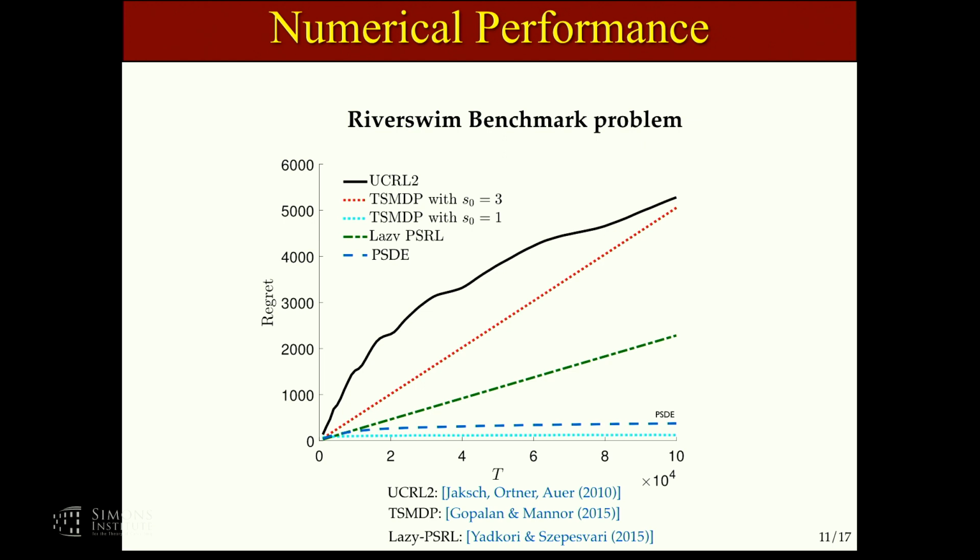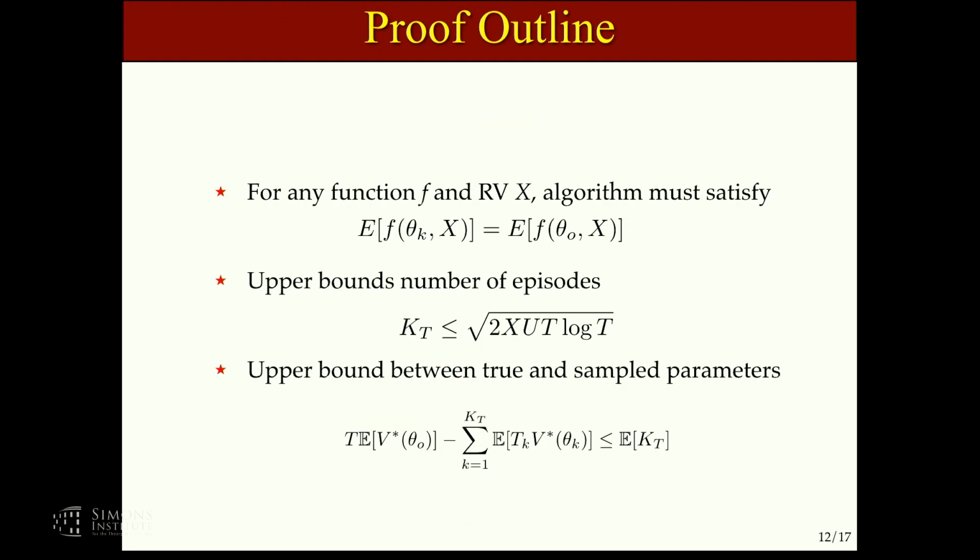Of course, there is the earlier literature in stochastic adaptive control, but those give asymptotic guarantees. Just a quick word about the proof. There are a lot of levers you need to crank, but it's mostly straightforward.